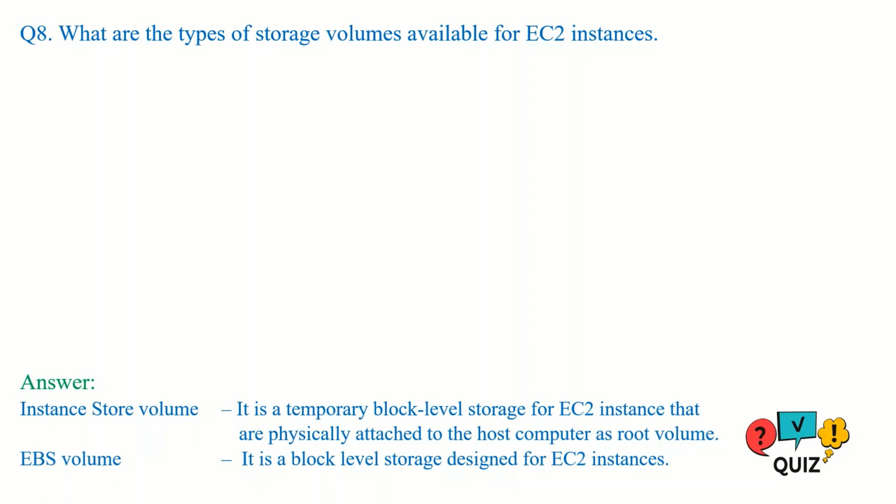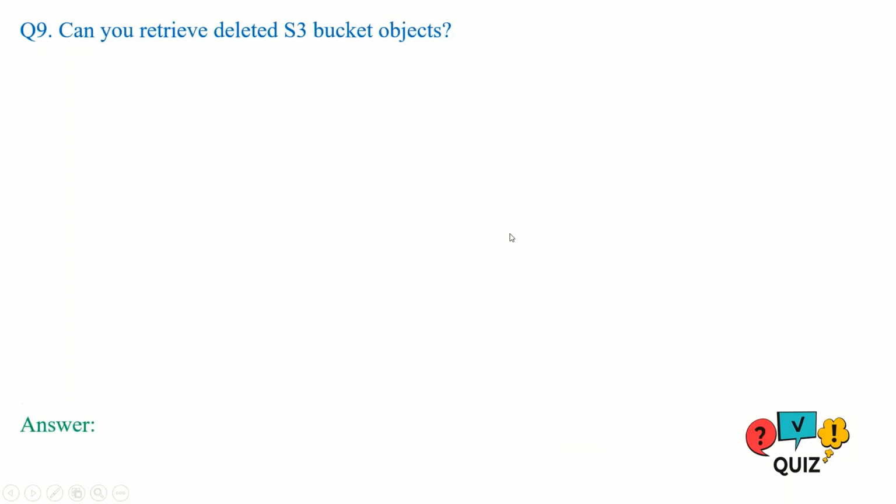It is available only for high-end, larger virtual machines, the C1, C2 family types. We had come across the EBS volume. It is the block level storage designed for EC2 instances, and this is the default storage volume that gets attached. That's a good attempt. We'll move on to the next one.